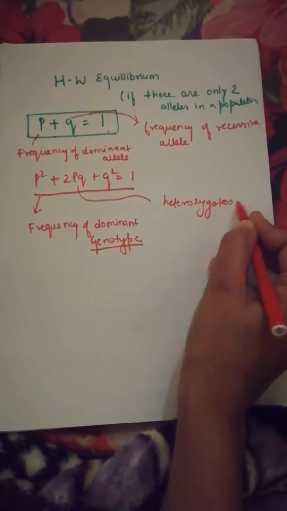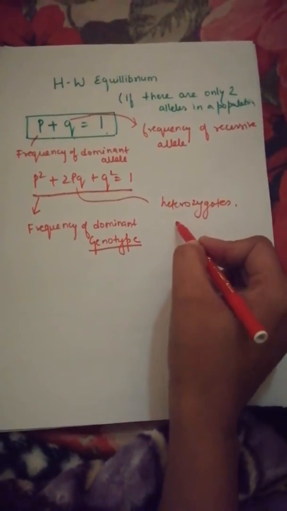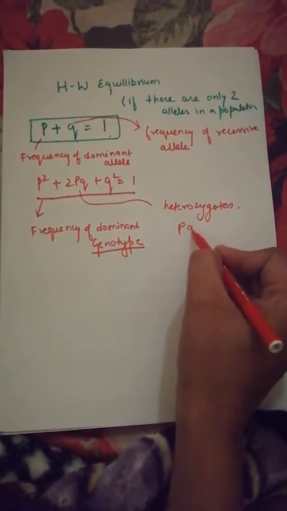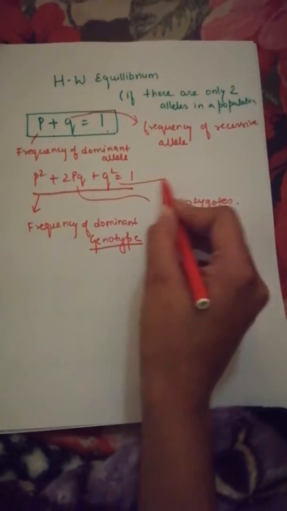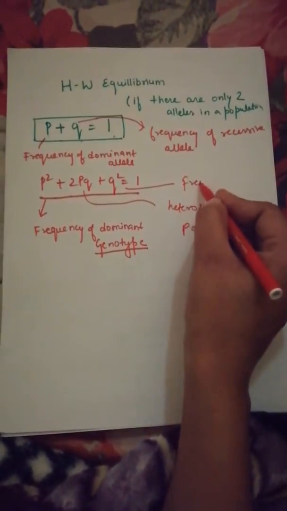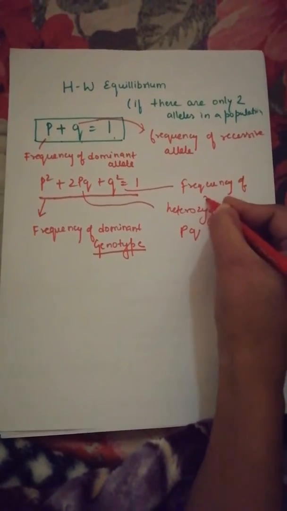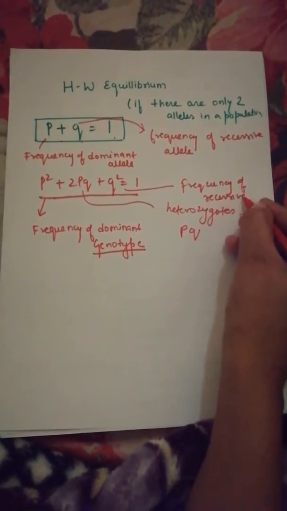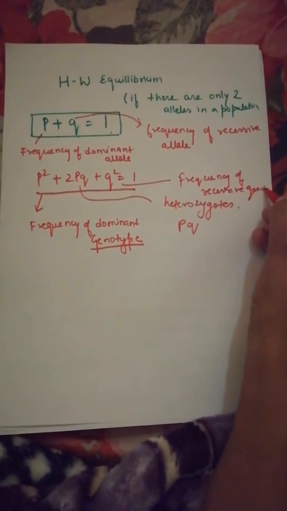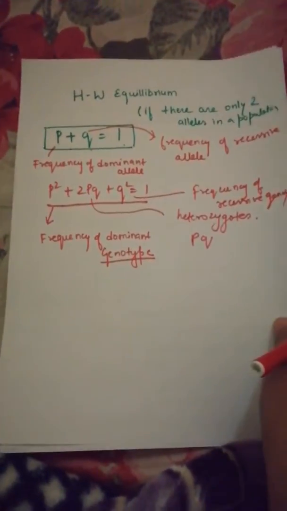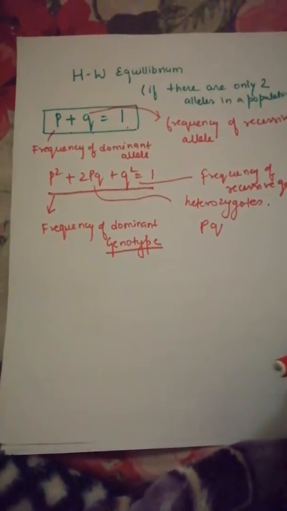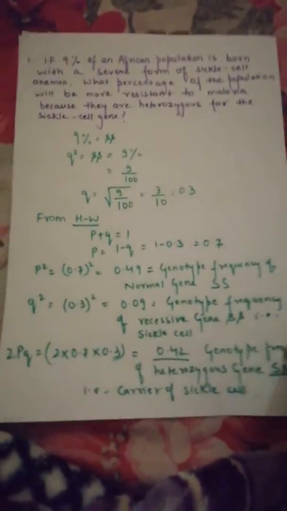Heterozygotes means there are two alleles, one dominant and one recessive, and q squared is the frequency of the recessive genotype. The sum of these must be equal to 1. Then we will solve the problems.